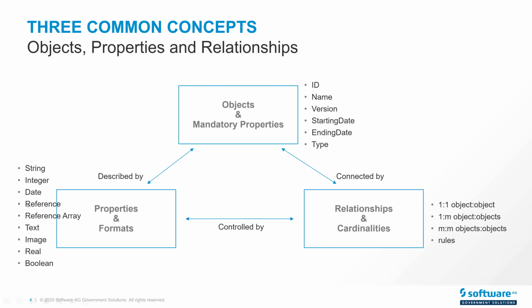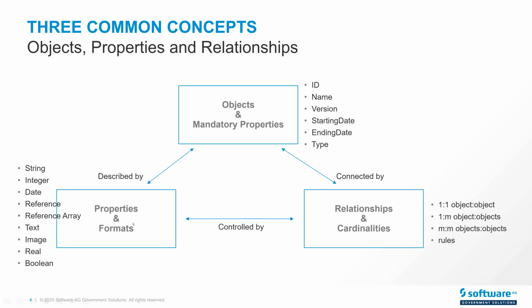The two other things that are important are a reference property, which is a connection to something else, and a reference array, which is really pointing to a lot of objects connected to another object. Then we can see other formats and properties such as text fields that hold an unlimited amount of descriptive information, images, real, and even Boolean properties.